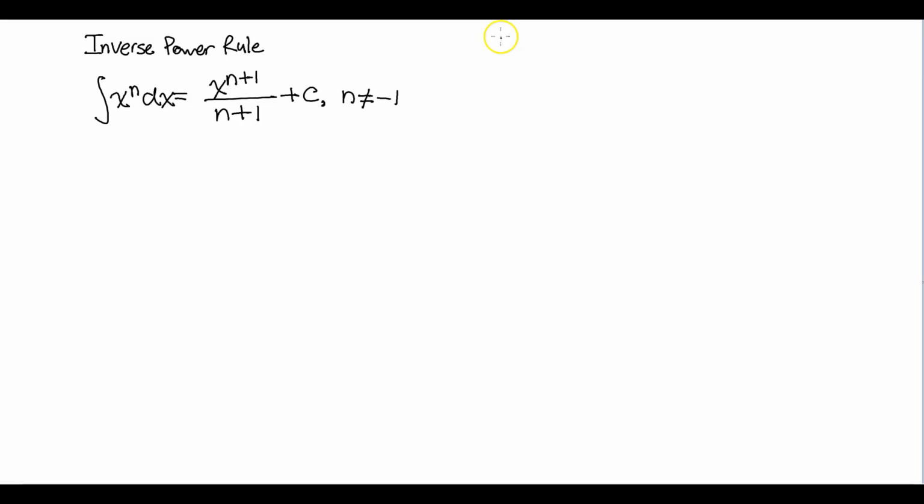If we look at the normal power rule, we see that the derivative of x to the n with respect to x is n times x to the n minus 1th power. So you're decreasing the power when taking the derivative.